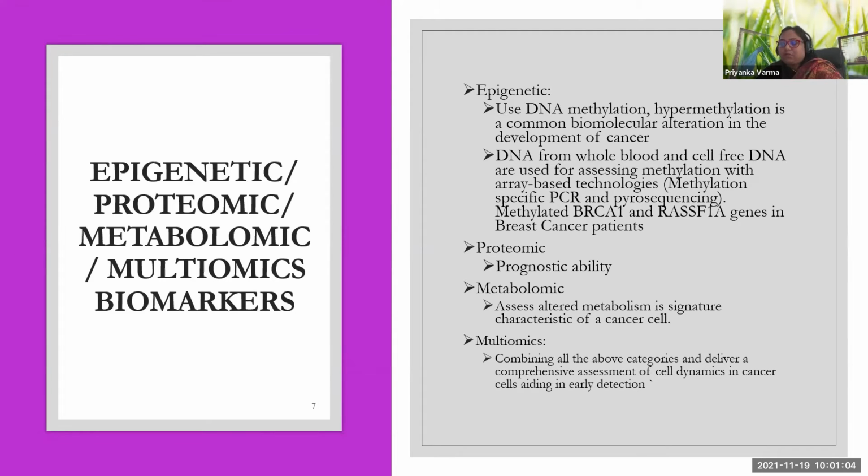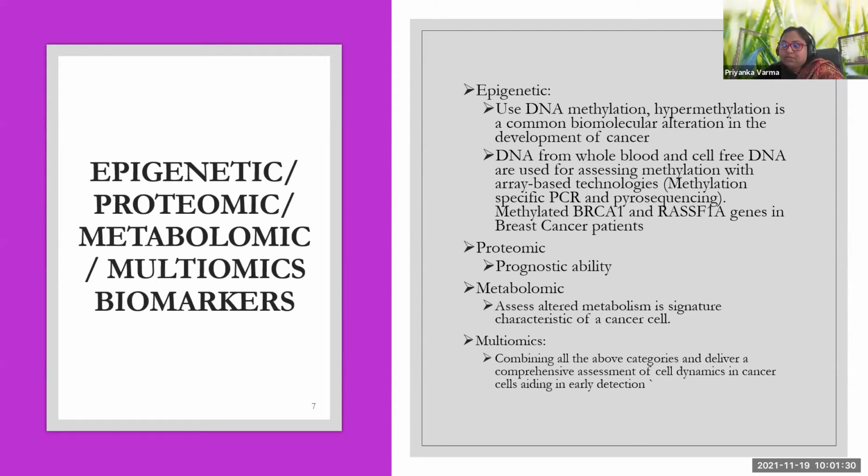While proteomic biomarkers are effective in their prognostic ability for certain cancers, metabolomics, or biomarkers assessing the altered metabolism, can be of immense utility in early detection and hence improved survival of cancers, given that altered metabolism is a signature characteristic of a cancer cell.